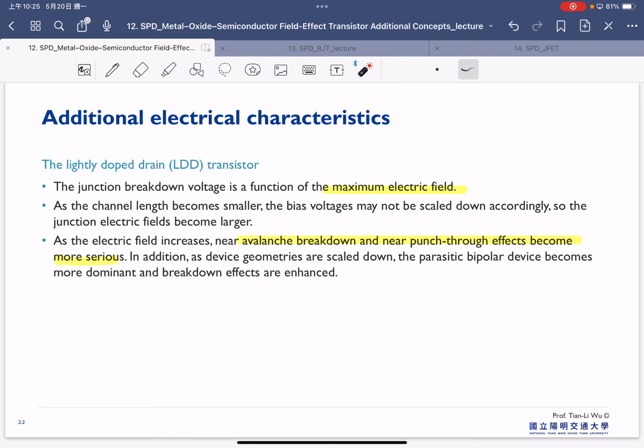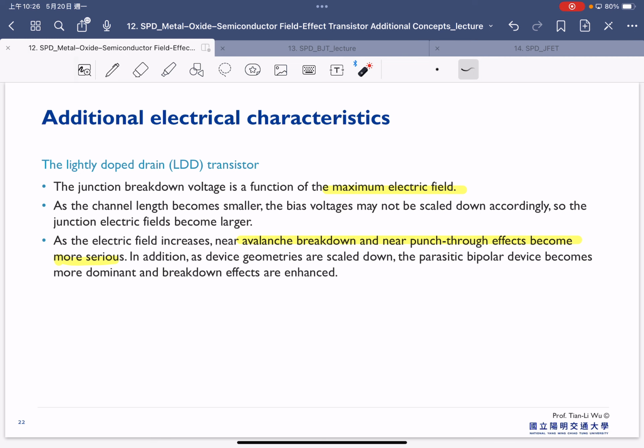So in general, what all this text means is that once we do the scaling, serious avalanche breakdown can happen, and we can expect a higher chance for the punch through effect here. Therefore, we have to modify our transistor design.